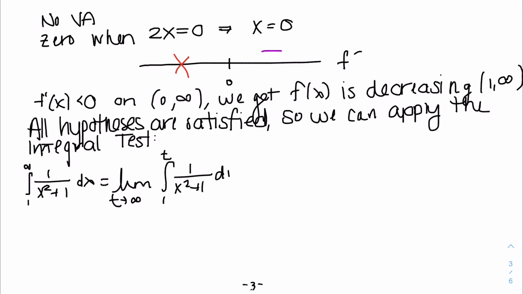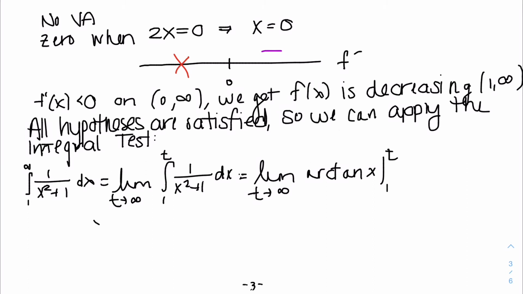And you know this is my favorite function. So the antiderivative of 1 over x squared plus 1 is exactly arctangent of x. So we get the limit as t approaches infinity of arctan of x evaluated from 1 to t.